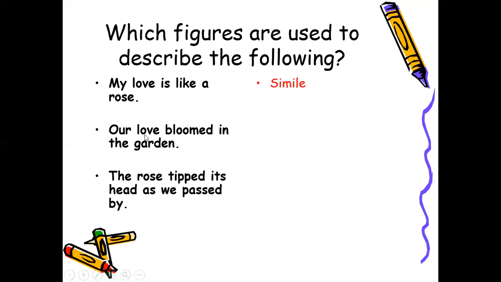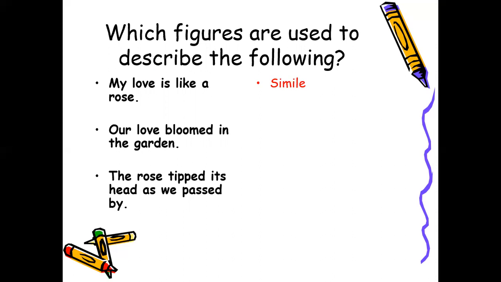Does this give you a good feeling, a sense of relaxation, or our rose bloomed in the garden? If you read our rose bloomed in the garden, what will you understand? That two people or more have grown a rose in the garden and it has bloomed. Hooray, bravo. But our love bloomed in the garden, you will understand that this poem is about a love story. And that love story is now growing and expanding and becoming a beautiful thing, right?